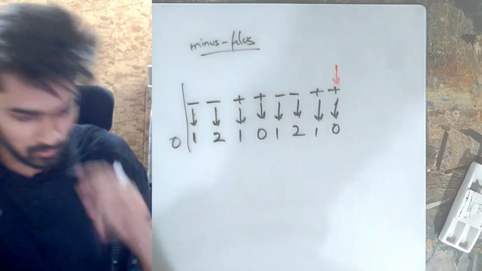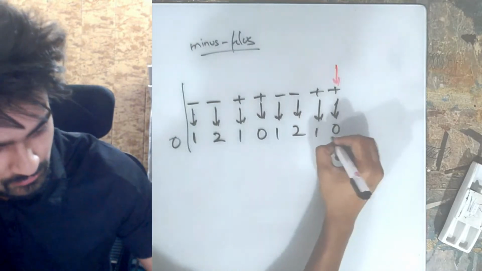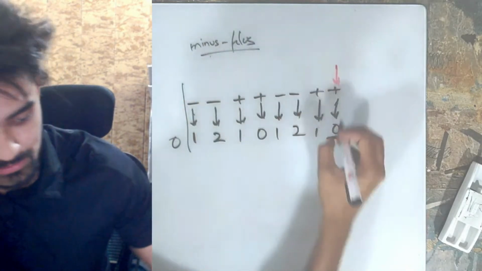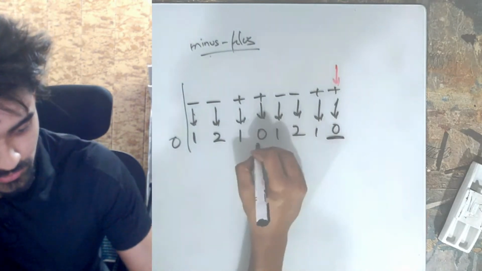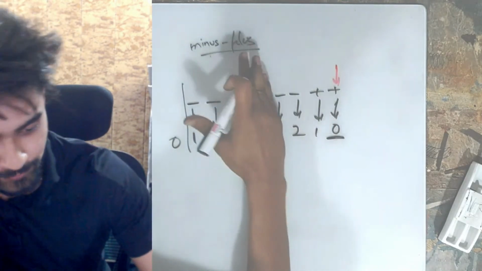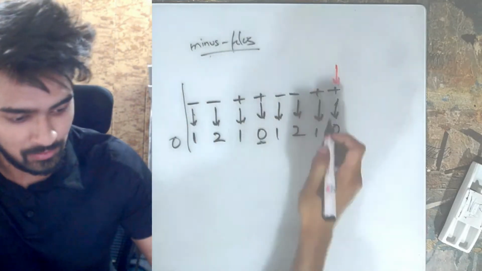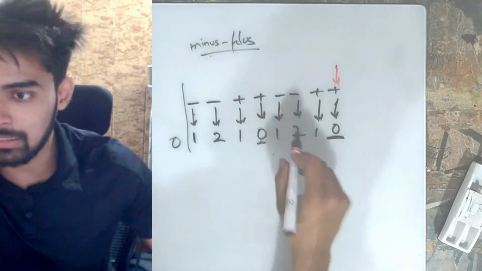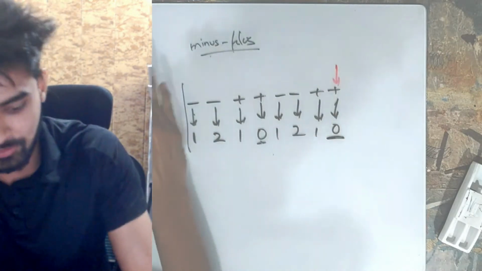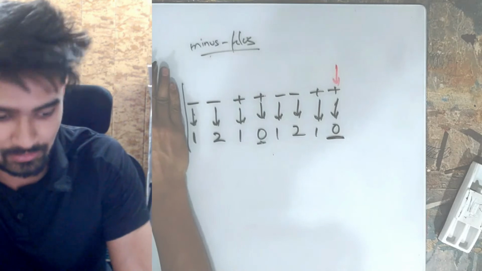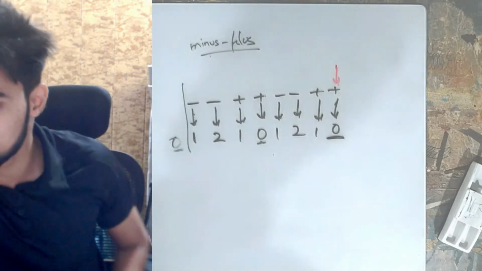So if you see, minus minus plus here is 0, and it was 0 here also. That means if we remove all the elements before this, we had an equal number of pluses and minuses. Similarly, we had a 0 here also. So if we remove all the elements before this, which are nothing, the count of minus and the count of plus in this string are the same.